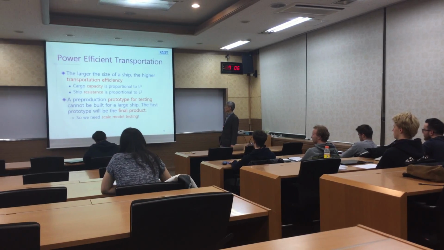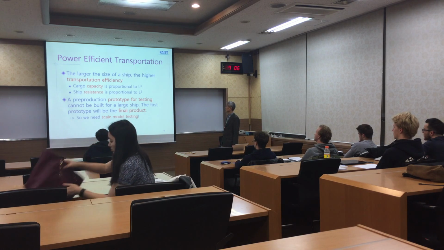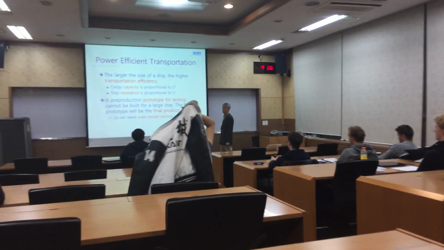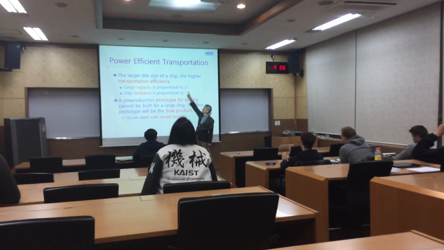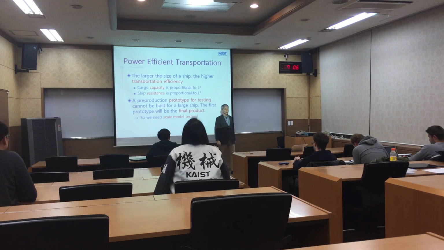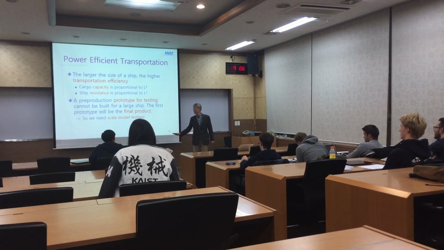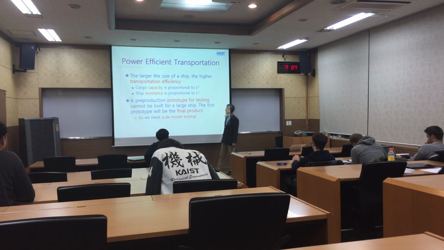And the larger the size of the ship, the bigger the ships, the higher the transportation efficiency. Because volume is proportional to length cubed, right? And resistance is usually proportional to the surface area of the ship. So area is proportional to second order length.